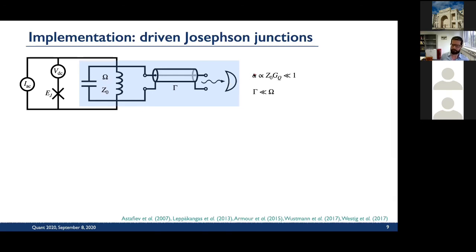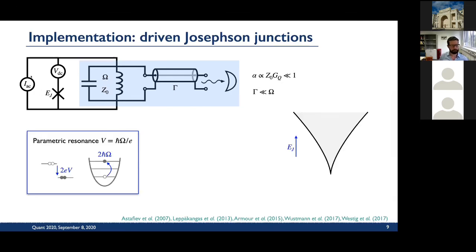So alpha plays the role of h bar, which tells you how quantum the whole system is: the characteristic impedance with respect to the quantum impedance. And then we also want an additional coherent current drive.